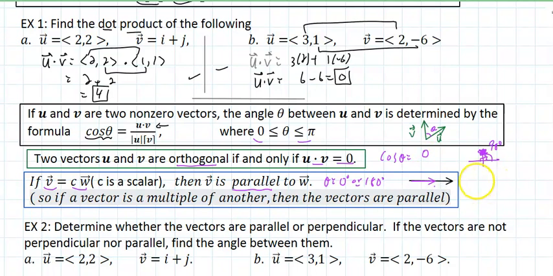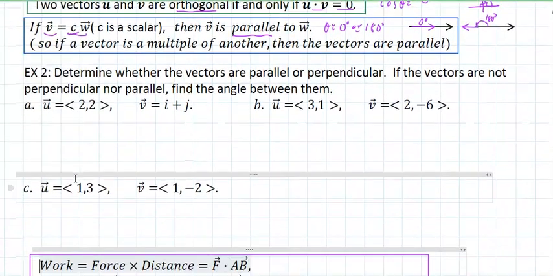Or if you have another vector pointing in the opposite direction, those are also parallel. So if the angle between them is 0 degrees or 180 degrees, those would be parallel. It's easier to see if one of them is a multiple of the other.